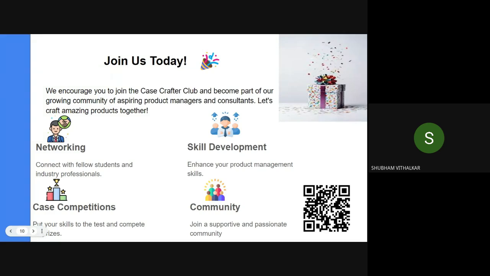You can scan this code, and at the end I have a surprise planned for you guys, which I will be revealing in the next slide. So you can scan this QR code. I am waiting for 5 minutes, and then I will be revealing the surprise for you guys.